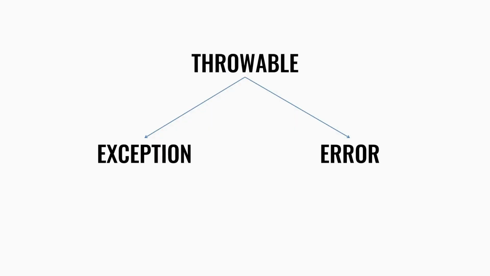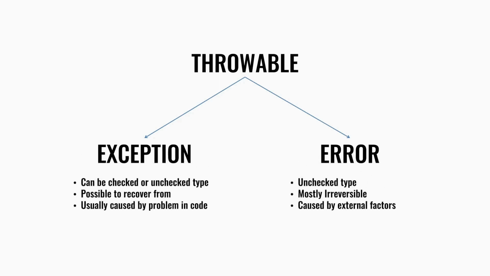Let's understand how exceptions and errors are different from each other. Both exception and error belong to the Throwable class in Java, but there are some differences between them. An exception can be either checked or unchecked type, whereas an error will be of type unchecked.